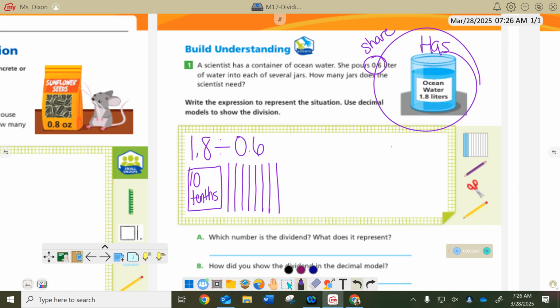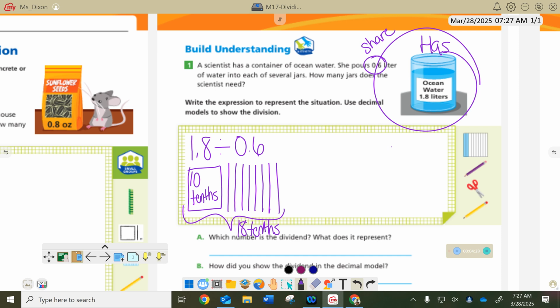Now we are going to split those 1 whole, or 10/10, and 8/10 into groups of 6/10. To do that, we're going to need to make sure that we have all tenths. So the 10/10 plus the 8/10 is a total of 18/10. Now that we have 18/10, we can separate those 18/10 into groups of 6/10.